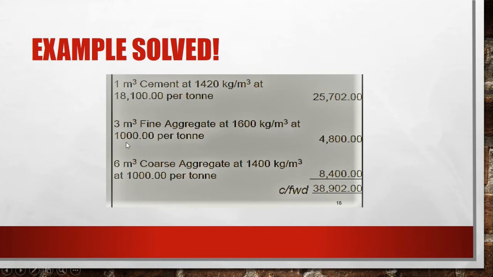With the cost per ton at 1000 Kenya shillings, multiplying 4.8 tons by 1000 gives the cost of fine aggregates as 4800.